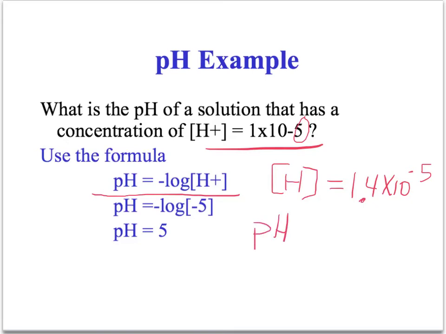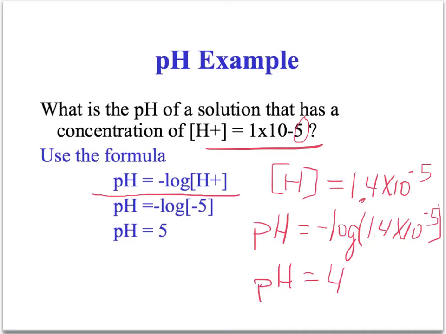So pH is equal to negative log of 1.4 times 10 to the negative fifth. When you plug all that into your calculator, you end up with a pH of 4.85. You're going to need to practice with your calculators to make sure that you're using the log function correctly so that you come up with the correct pH. And your teacher can help you with this.